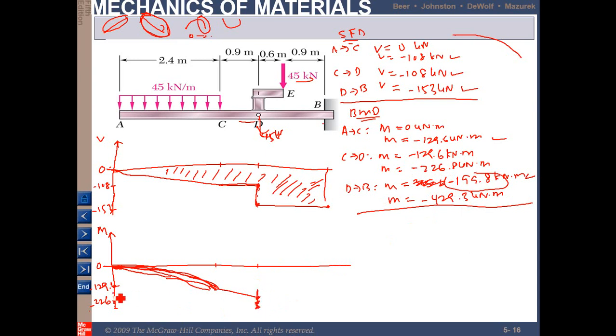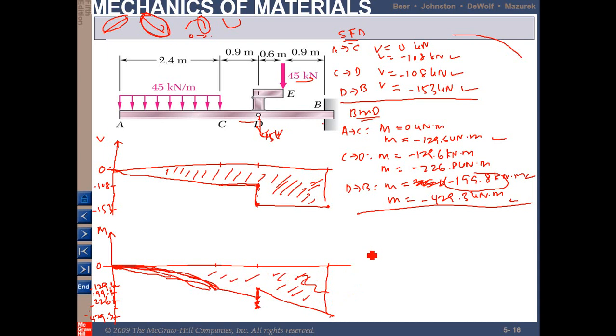So this is 199.8. And then it will go down to 429.3 at point B. You go down further, this is 429.3 negative. So the 429.3 negative is here. So from here, it will go down here. Okay, so this is the bending moment diagram.